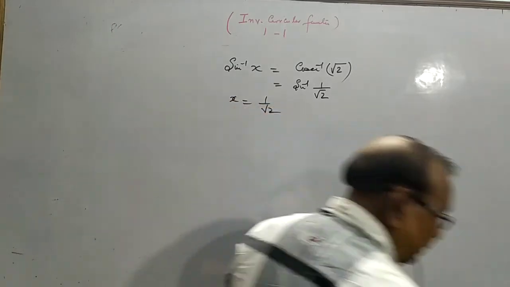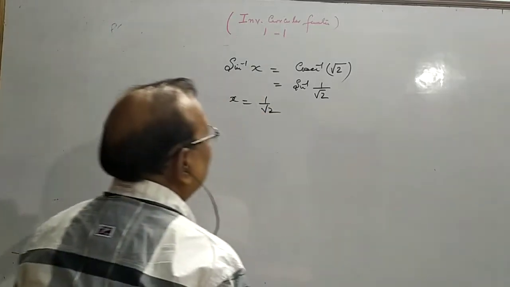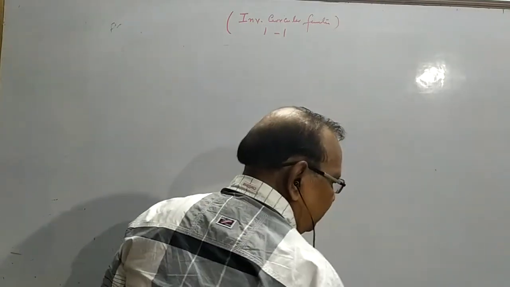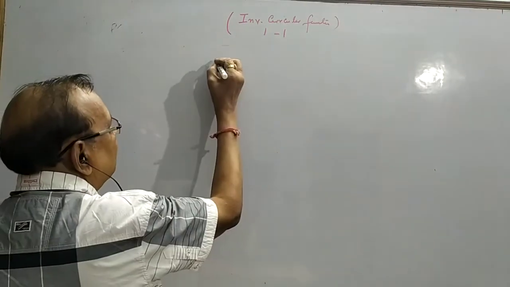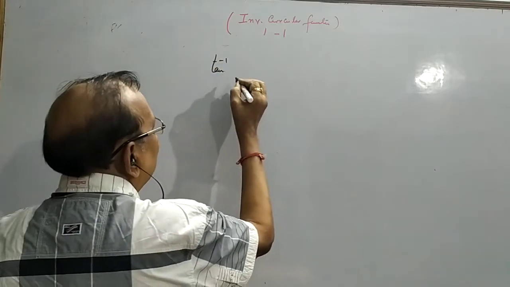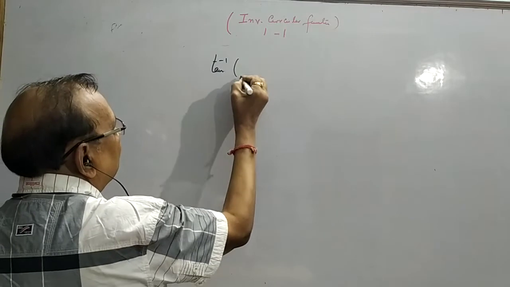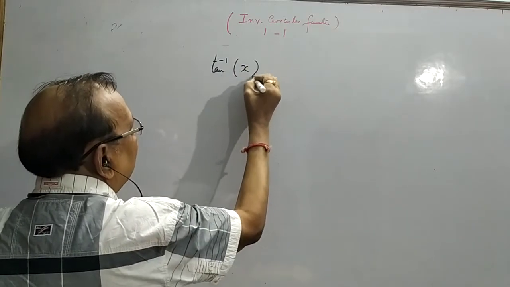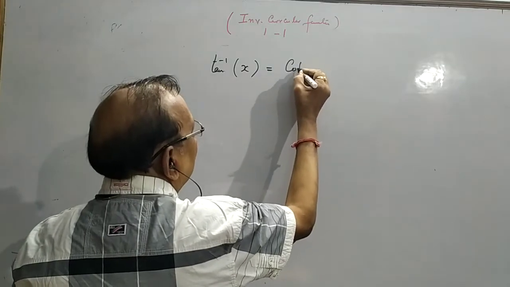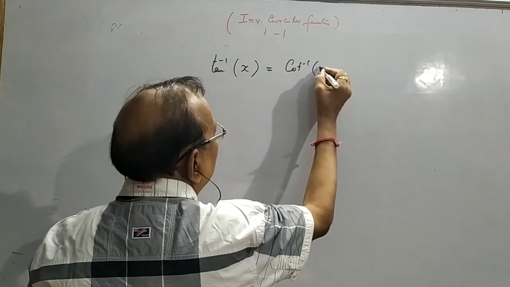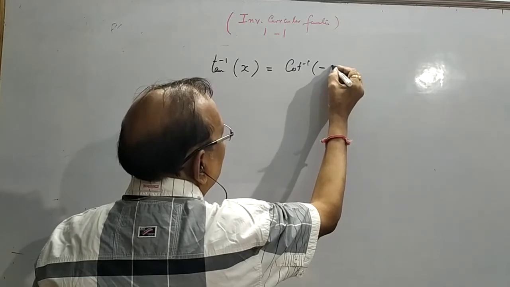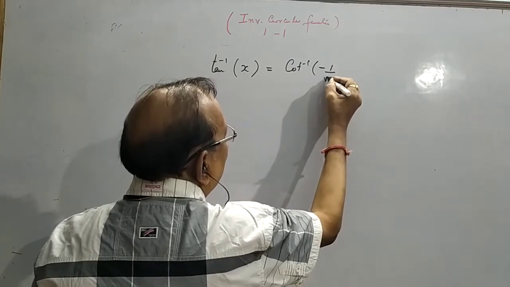I am taking tan and cot. Suppose tan inverse x is equal to cot inverse minus 1 upon root 3.